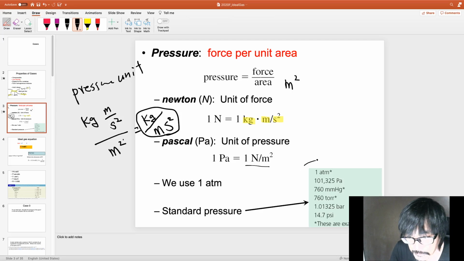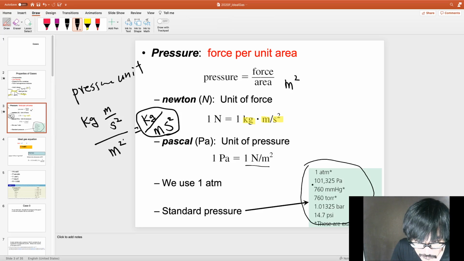I'm going to give you the unit conversion factors, but for the ACS exam, I sometimes remember that 1 atm is equal to 760 mmHg or 760 torr.